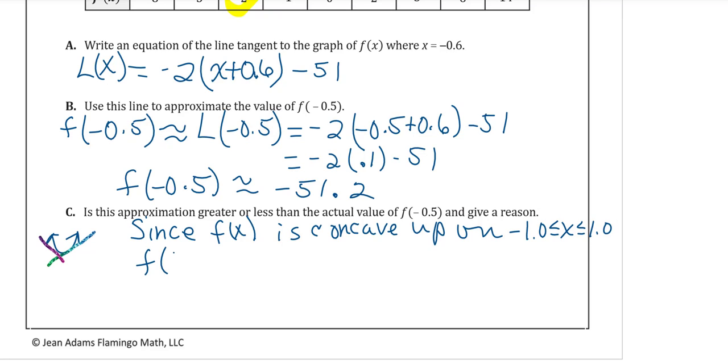f of -0.5, I should put our approximation. Should say that because it's not the actual value.